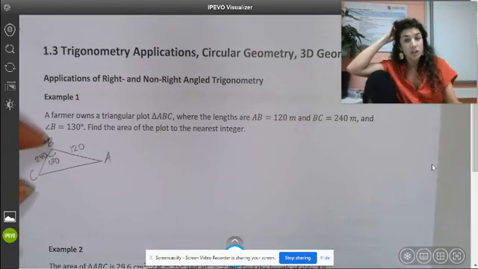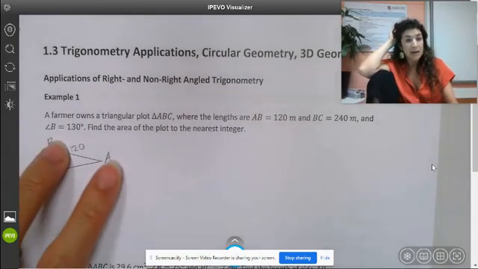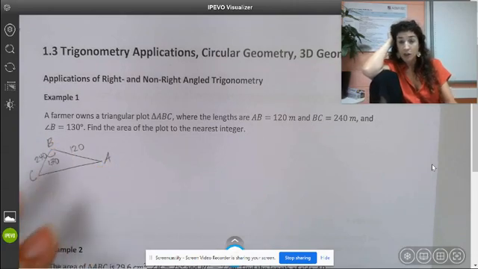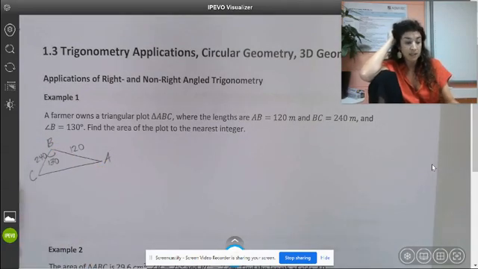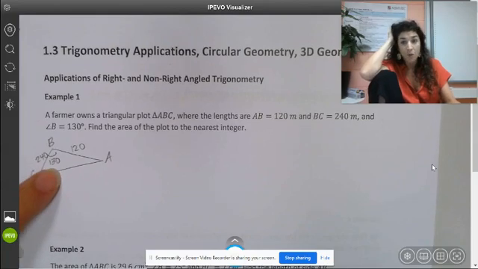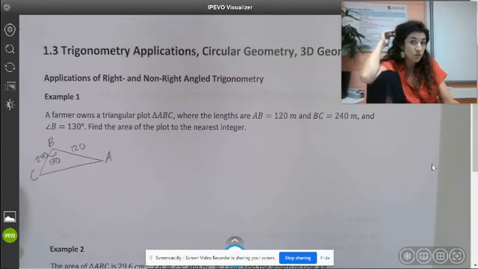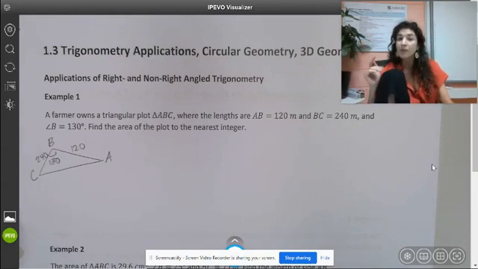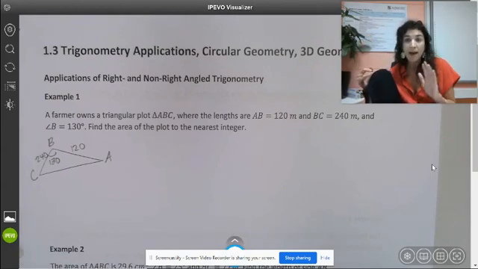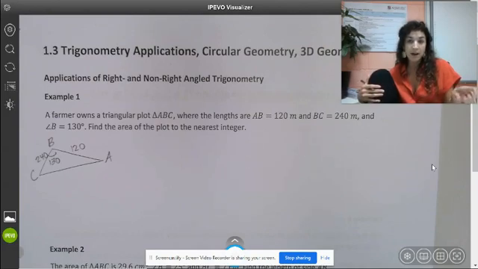Notice that BC looks shorter here and AB looks longer, when actually the reality is flipped. That 240 is larger than 120. But it doesn't matter in this case, as long as you realize that the drawings you draw will never be drawn to scale, ever. This is really just to give us a general idea of what information we have and how it relates.